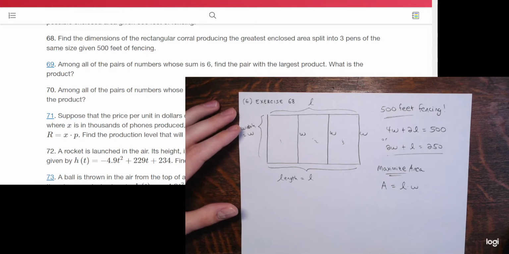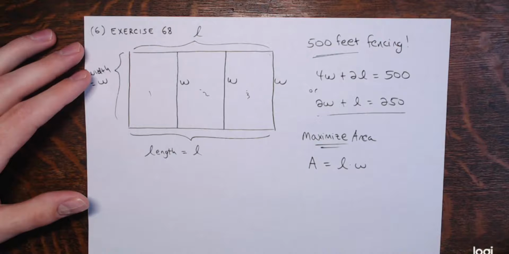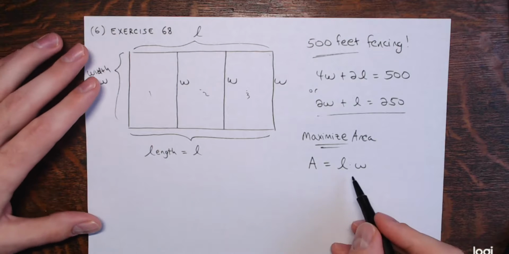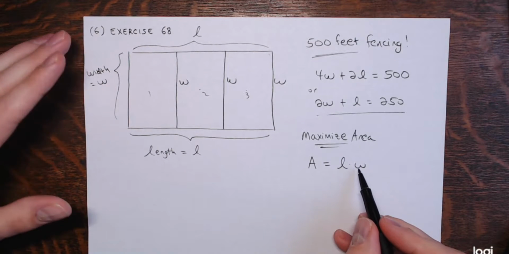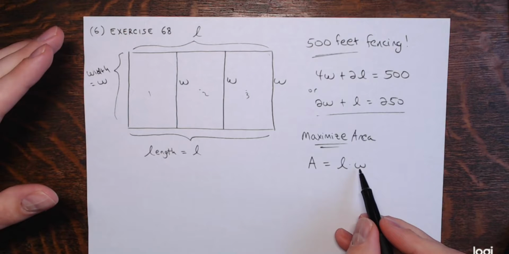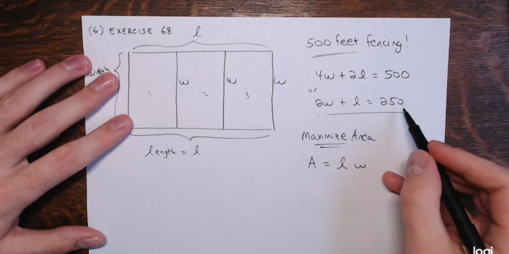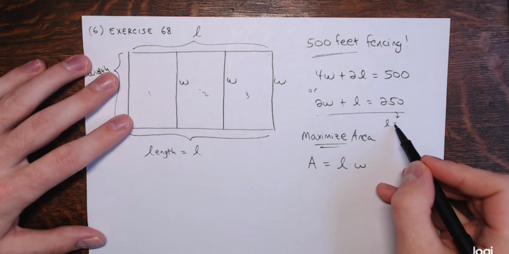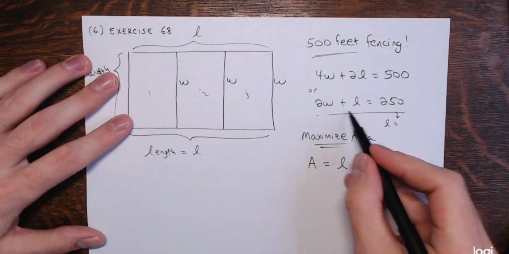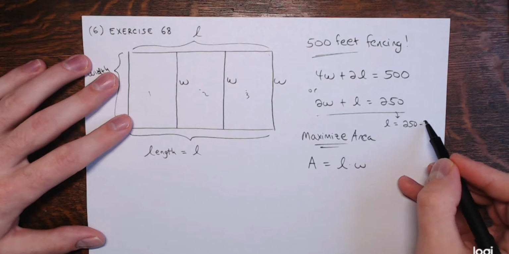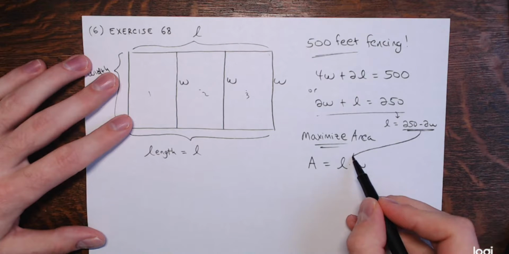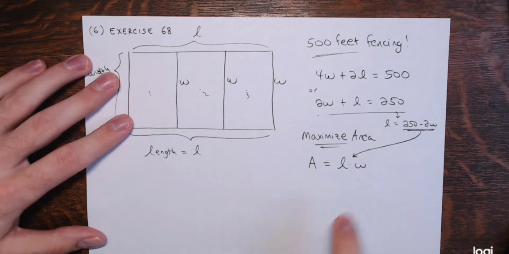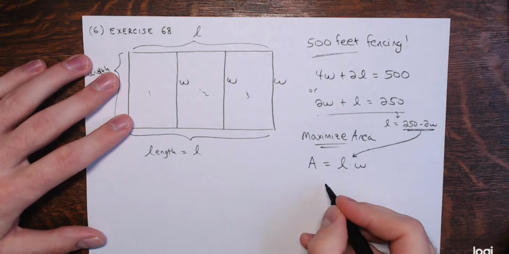Let me make the paper bigger now. But I don't want this L times W. I want a function of one variable, not two variables. Well, that's where this is going to come in. If I solve this for L, we'd have L equals 250 minus 2W, and then I substitute that for L, replace L with this quantity 250 minus 2W.